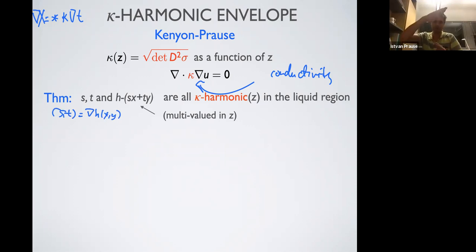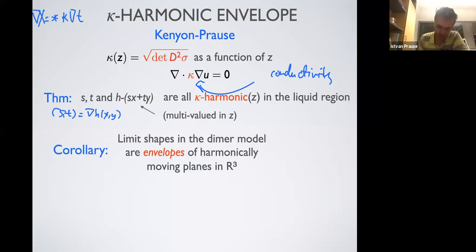But we also have to tell at what height this tangent plane is, and this third function exactly describes where it hits the vertical, third axis. So we have a family of planes parameterized by these three coefficients, which move in a kappa harmonic fashion in terms of z. They carve out a certain surface, and this envelope is the limit surface.